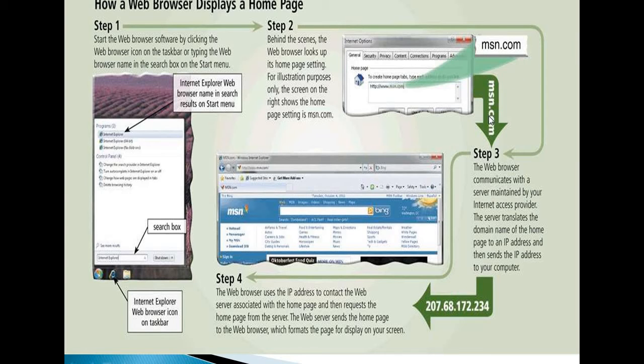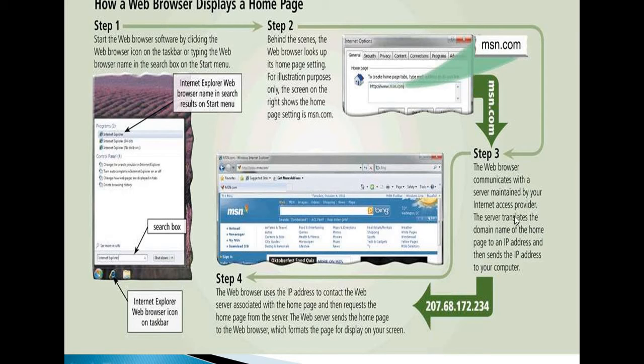Now msn.com communicates with a server maintained by the internet access provider. The server translates the domain name of the home page to an IP address and sends the IP address to the computer. Here you open the web browser by its name, and in step 2 you open the web browser home page.